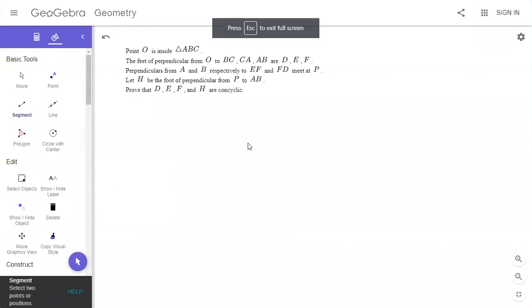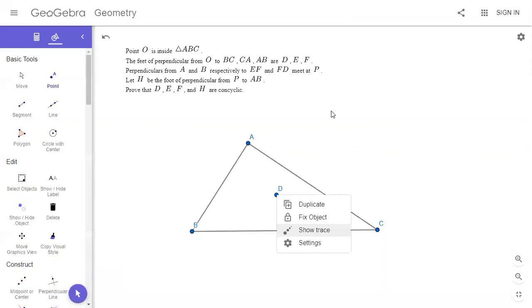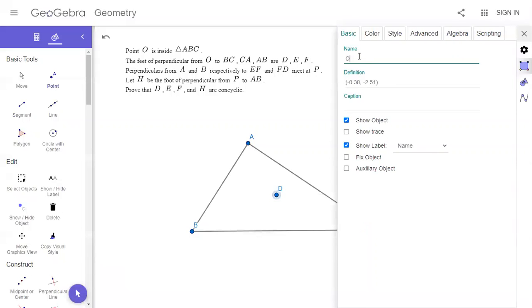So point O is inside triangle ABC. Whoops, didn't mean to do that.